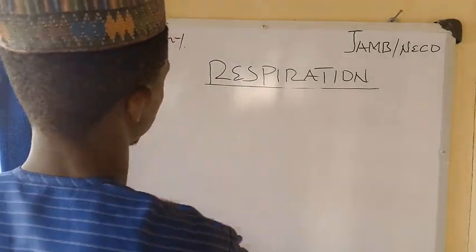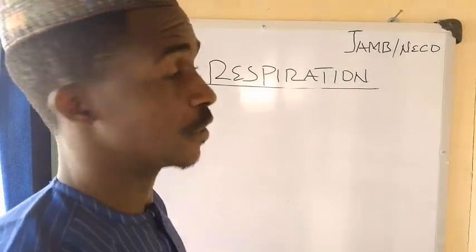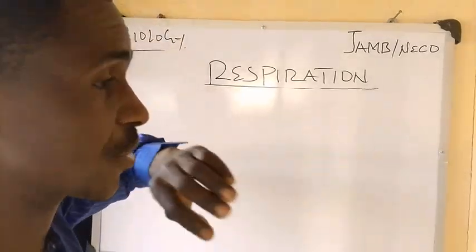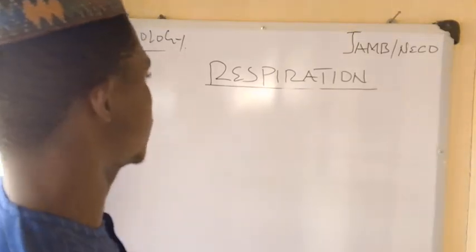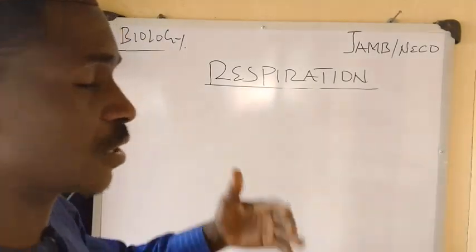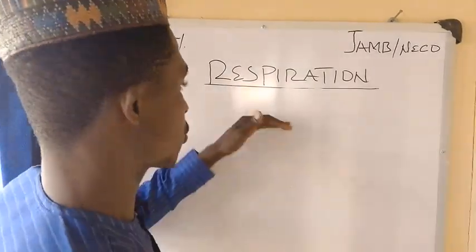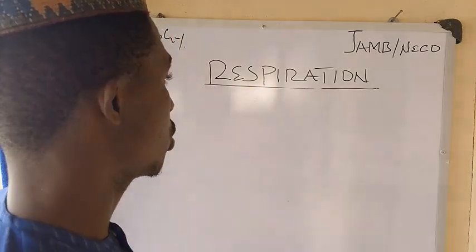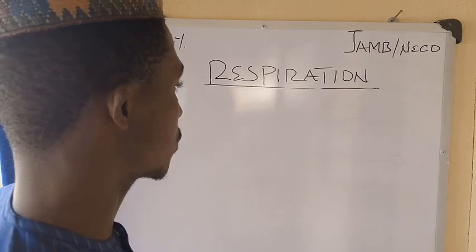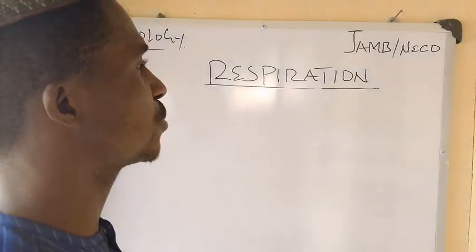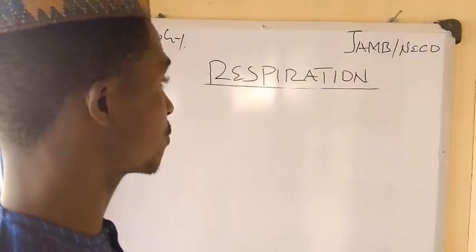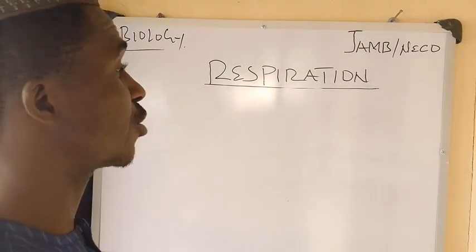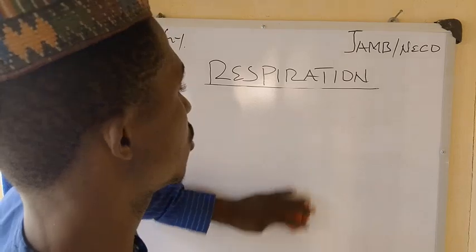Very important. Ventilation is one of the conditions necessary for respiration to take place. Respiratory medium, that is, the environment, is also one of the conditions. Then we have the respiratory organ, which is another condition for respiration to take place.